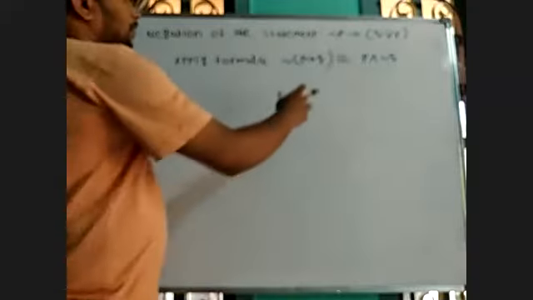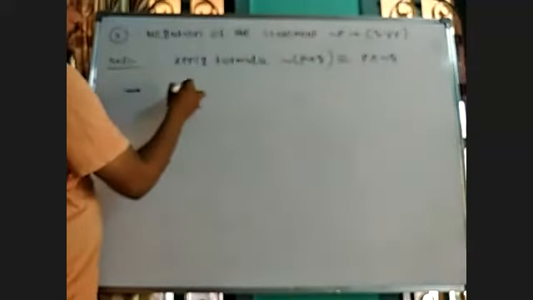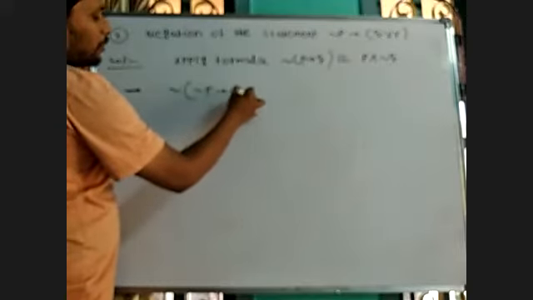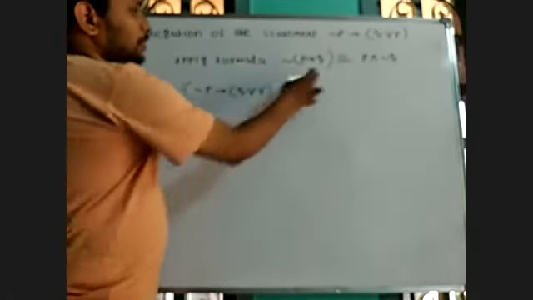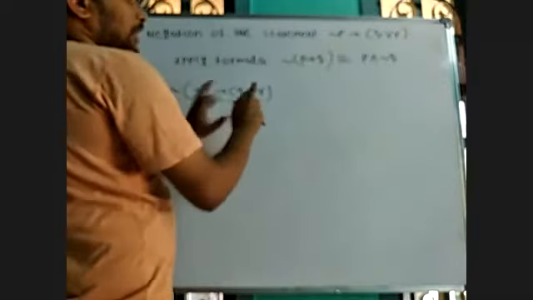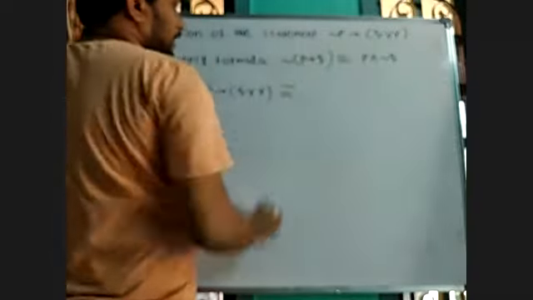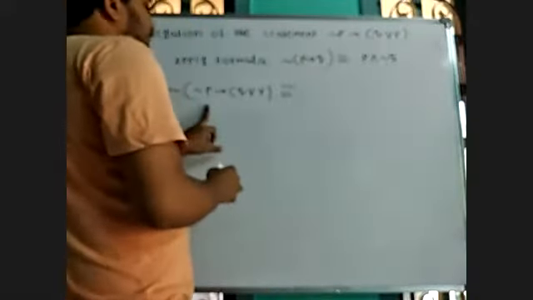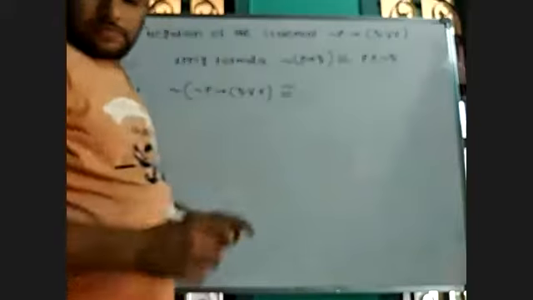If you apply it, negation of negation P, Q, R. They gave this one, so from this P is negation of P, and Q is Q or R. From this I am writing: if you apply it, what we get?